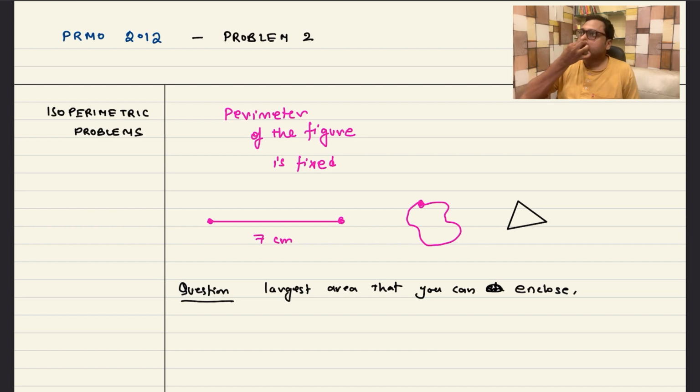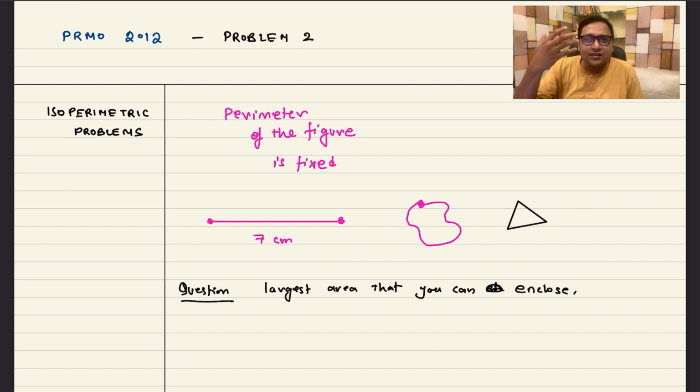That particular space should be equal in every direction. Notice how I'm thinking about it. It should be symmetric. Why should it be symmetric?